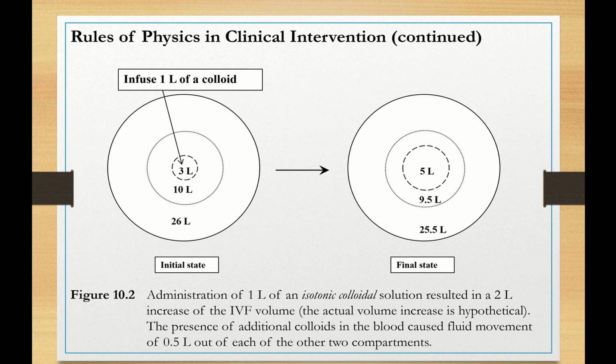Okay. Now here is exactly what I mentioned before. This is figure 10.2. So what would happen when you administer 1 liter of a colloid? This is a normal individual, let's say 70 kilogram weight, right? So we have 3 liters of plasma. You administer 1 liter of a colloid. Colloid will stay there, so you have 5 liters.